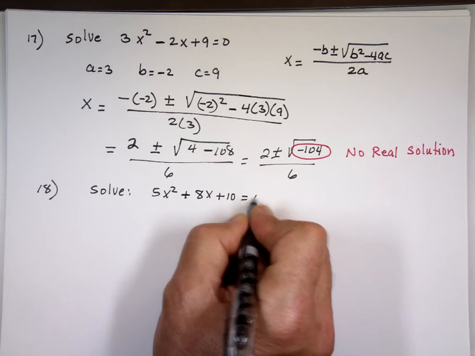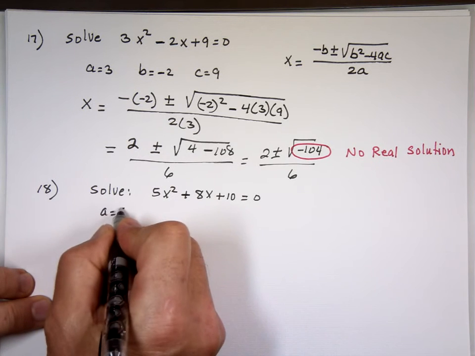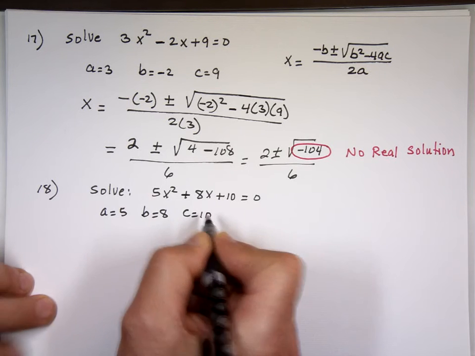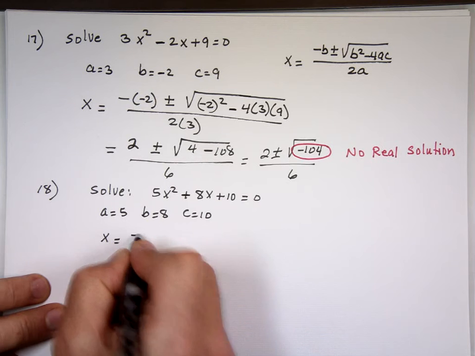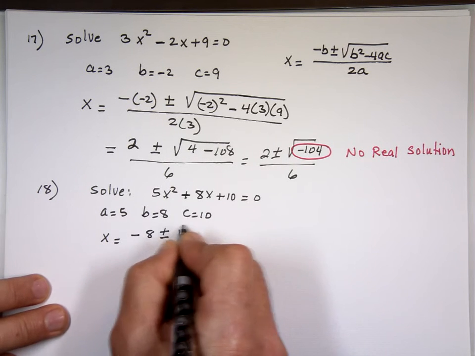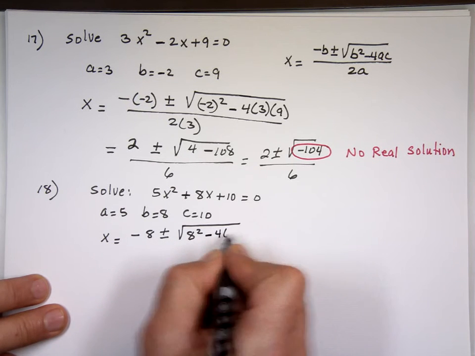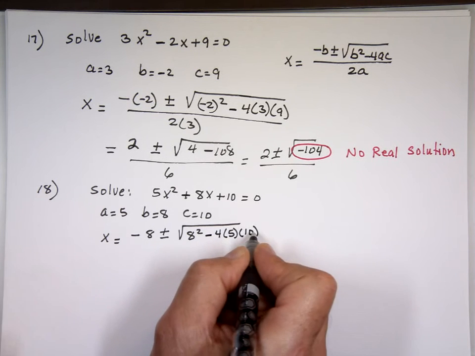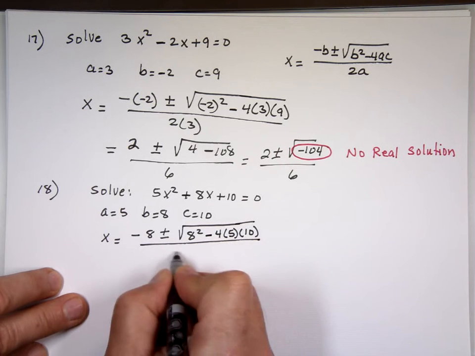Again, move everything to one side, it's done. a equals 5, b equals 8, c equals 10. x equals minus b, b is what? 8, plus or minus the square root of 8 squared minus 4 times a times c, which is 10, divided by 2 times 5.